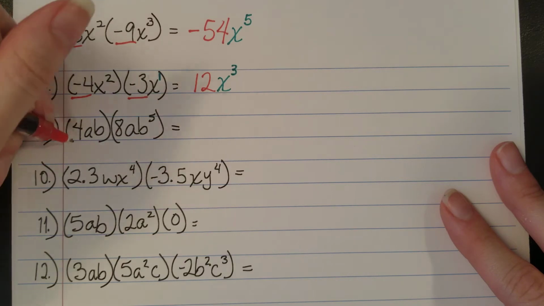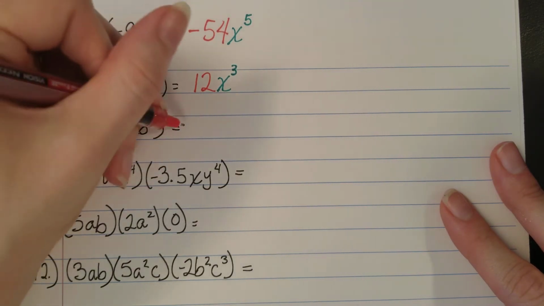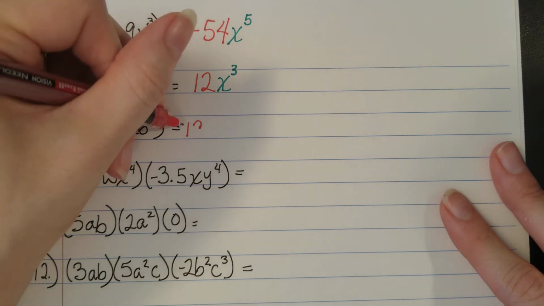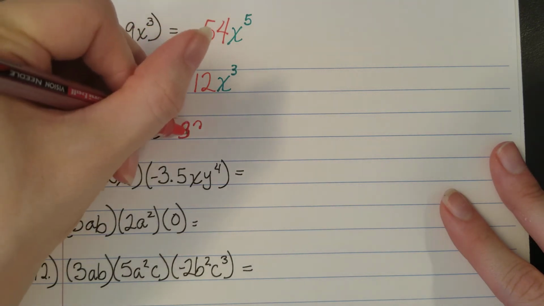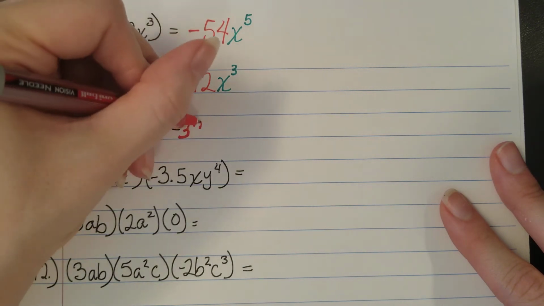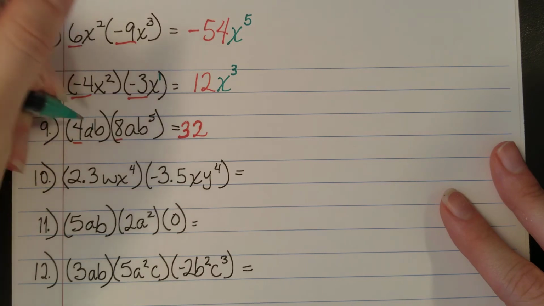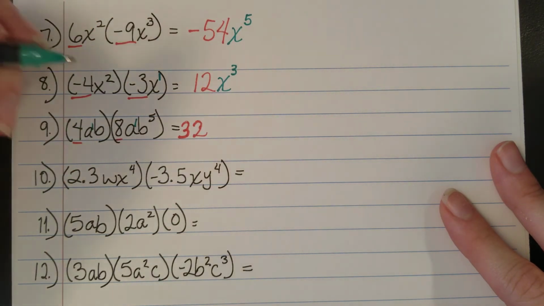Number 9, 4 times 8 is 32, whoops, I almost added instead of multiplied, oopsie. Okay, and then for the a, there's an invisible exponent of 1 on each of those. So 1 plus 1 is 2.